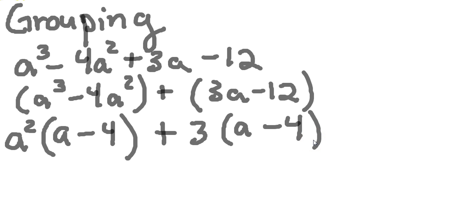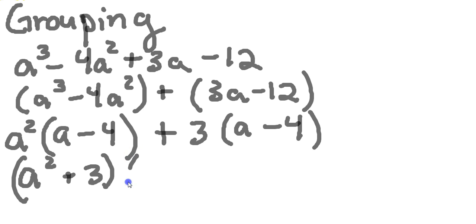And if you notice, what's inside of the parentheses, we have a squared open, a minus 4 plus 3 open, a minus 4. And since those two terms both have that a minus 4, we can then, using the distributive property, multiply through, and what we end up with is a squared plus 3 in parentheses times a minus 4.